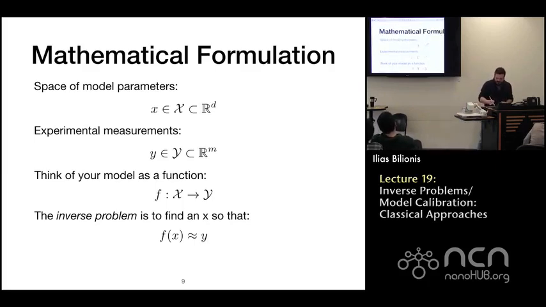Now, the experimental measurements are going to be denoted by y, lowercase y, the space of possible y's, script Y, and I'm assuming that you're measuring m things. So you measure a vector. Let's say the response of something at different times, etc.